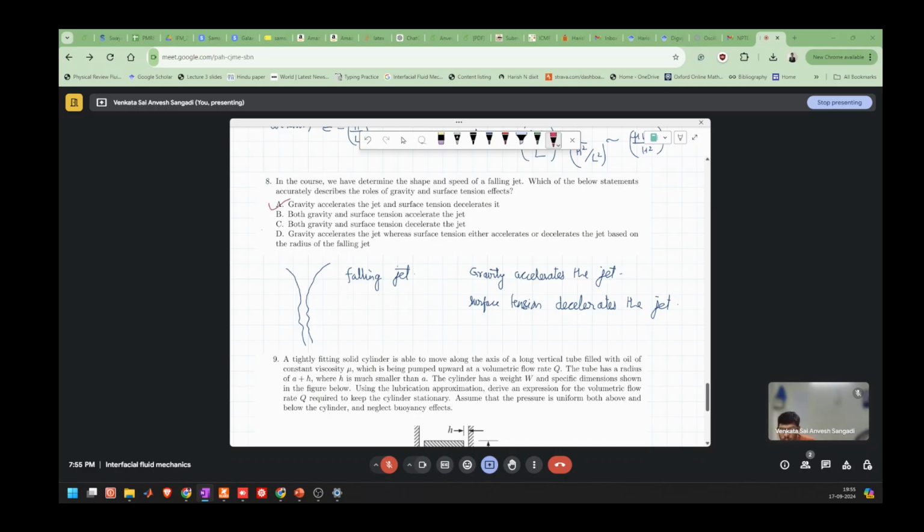So the correct option is option A. Gravity accelerates the jet and surface tension decelerates it.